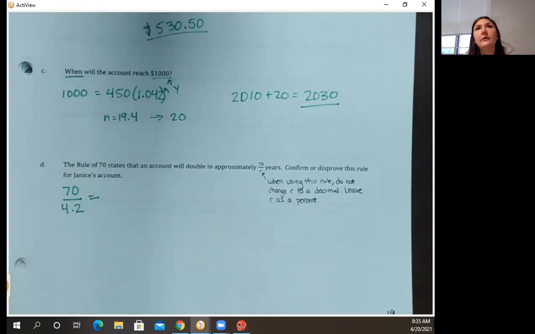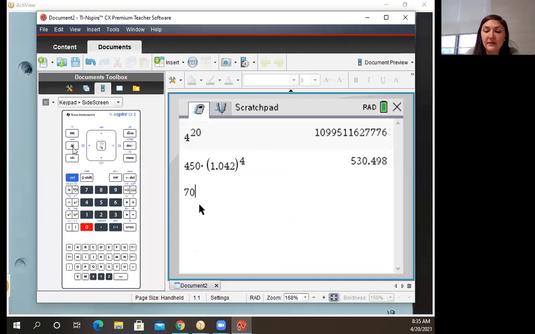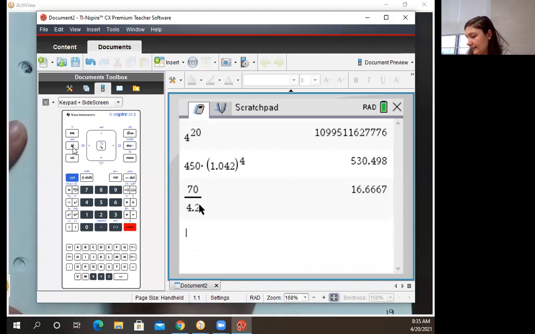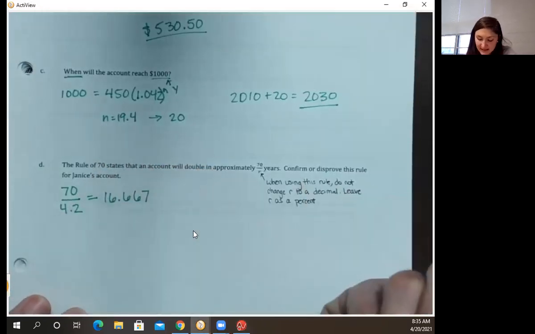Let me go back to my calculator here. And we'll just pull up our scratch pad. 70 divided by 4.2 gives us 16.667. So this says in approximately 17 years.